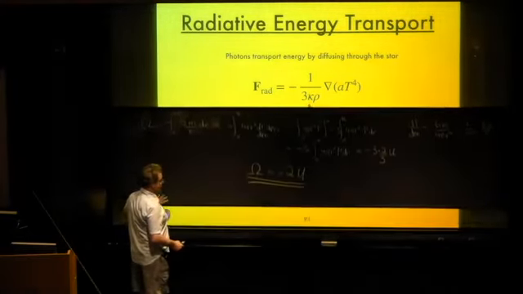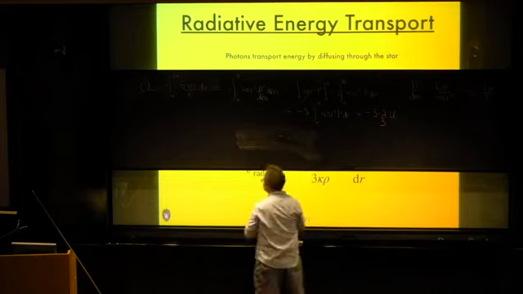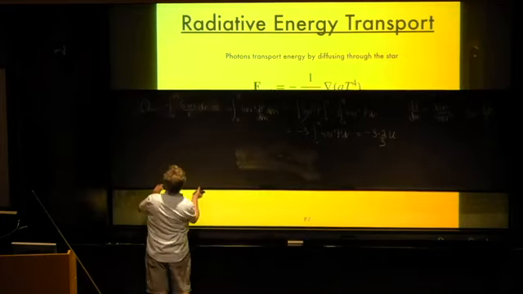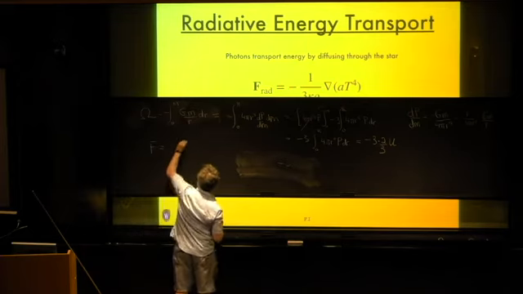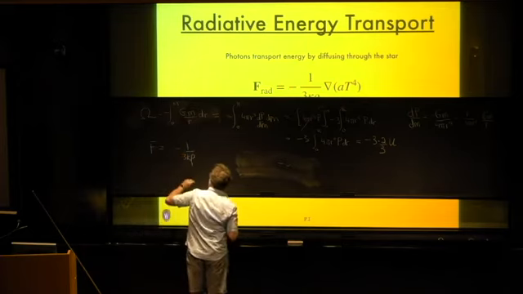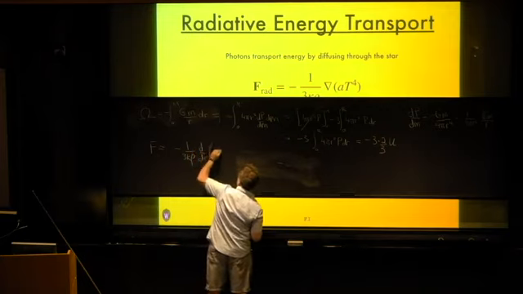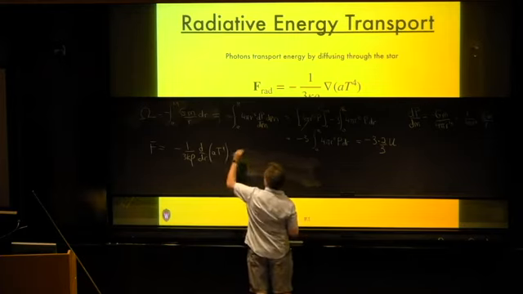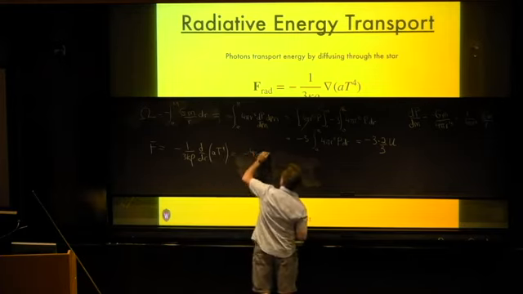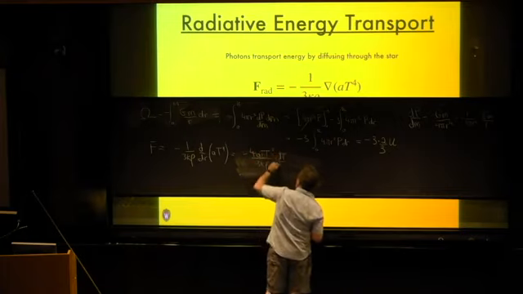If we first of all just specialize that equation to spherical symmetry, our diffusion equation, in spherical symmetry, flux is minus 1/3 kappa rho times d by dr of aT to the 4. And then I'm going to use the chain rule just to expand this out, so it's going to be minus 4acT cubed over 3 kappa rho times dT/dr.